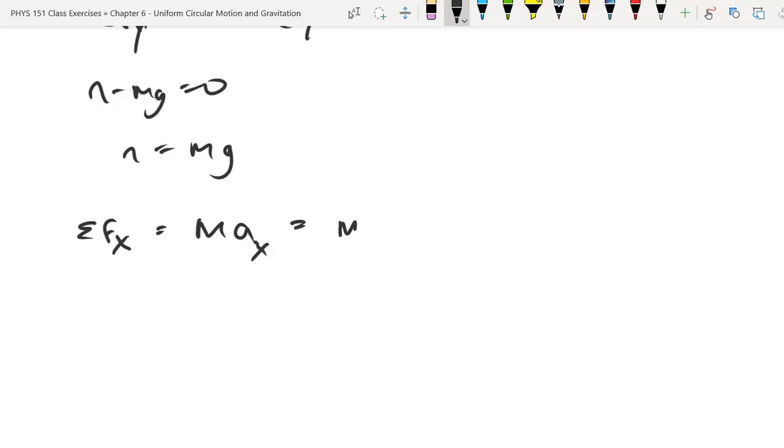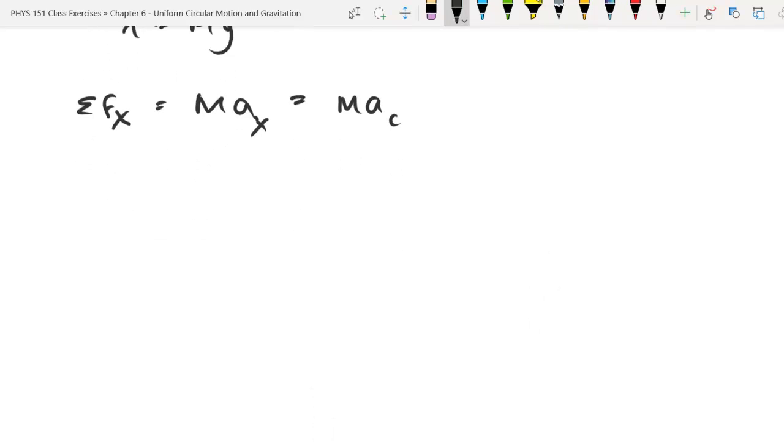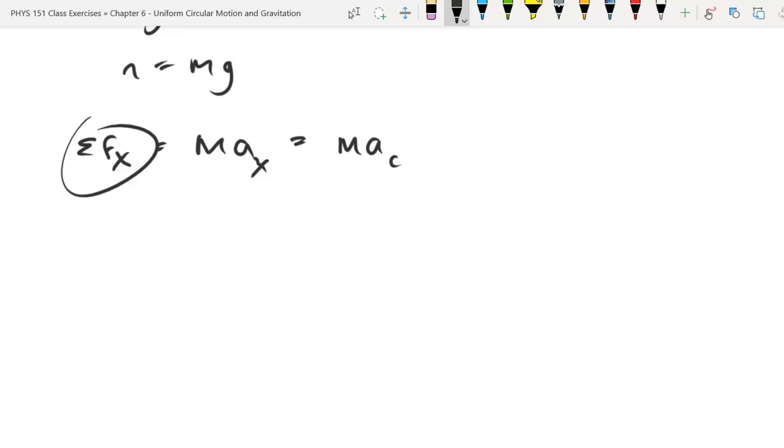So this is the mass times the centripetal acceleration. So then the only force in the x direction is our static friction force, right? Fs is equal to mAc.